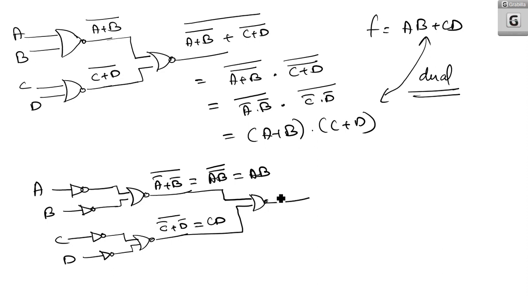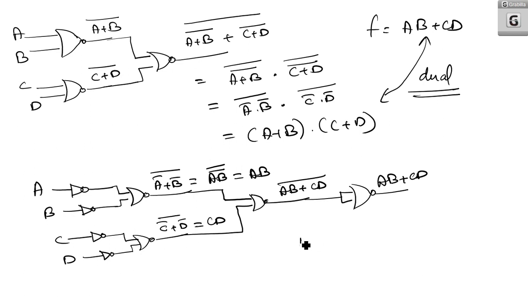Here what I get is AB or CD, the whole bar. So here you will get AB or CD whole bar. And if I am taking the NOT of that, what will I get? You will get AB or CD. And here we are having four NOT gates. You can replace them again.